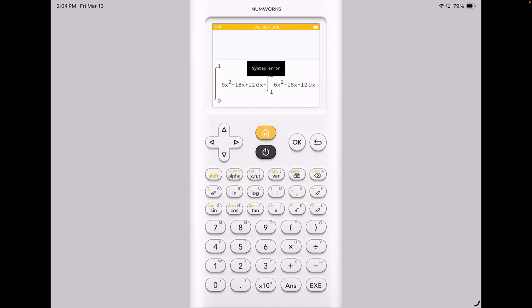Nope, syntax error. What did I do? Let's see. Oh, I know. It's the derivative of the entire thing. I see what you're saying. Yeah, it was the integral of the, well, yeah, it was more than I wanted to do.